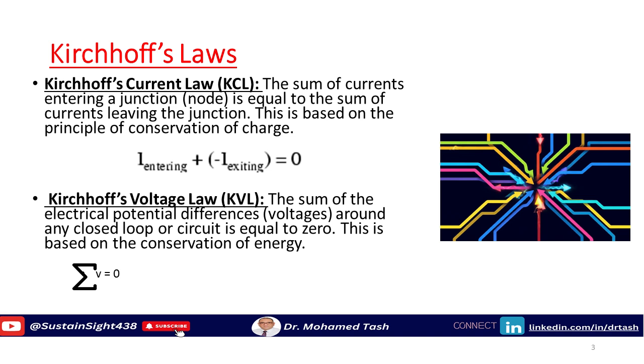This is based on the conservation of energy. The energy provided by the sources must be used up by the components in the loop. The sum of all electrical potential differences around any closed loop is zero.